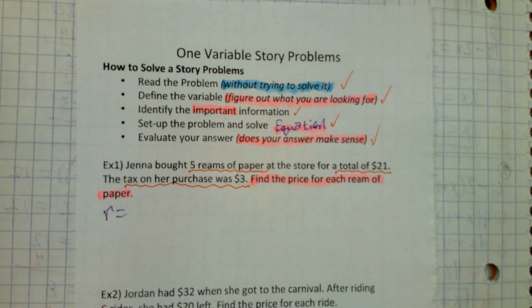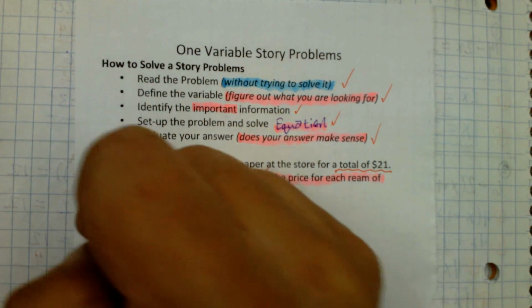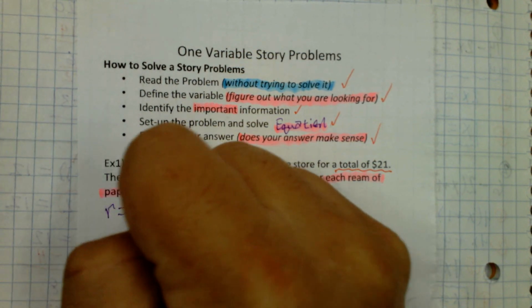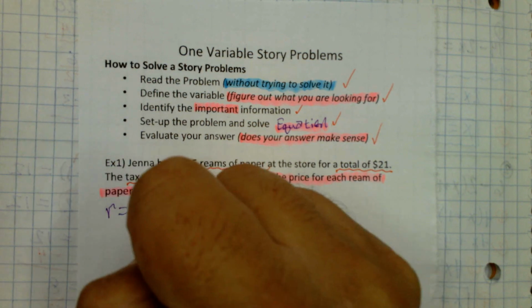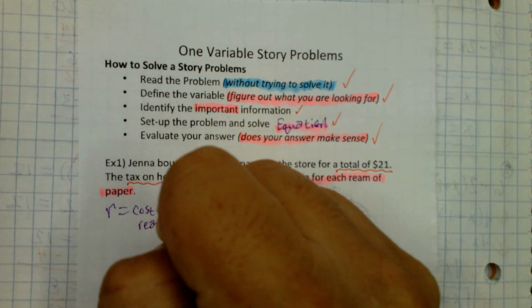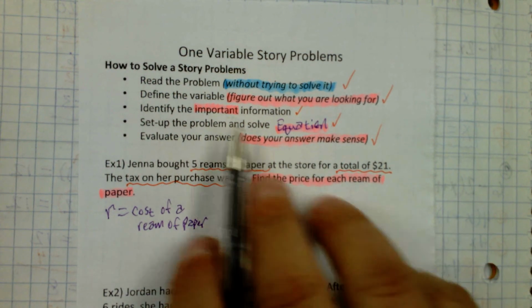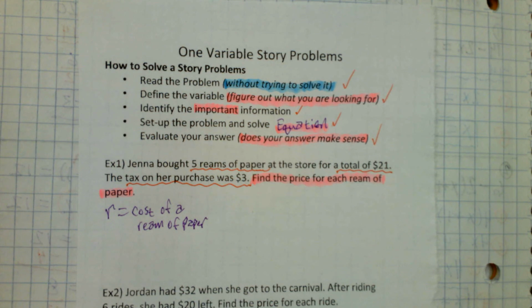In this case, it's going to be the price of each ream of paper. So I'm going to say cost of a ream of paper. So when we talk about defining the variable, this is it. You specifically state what the variable represents. In this case, the cost of a ream of paper.